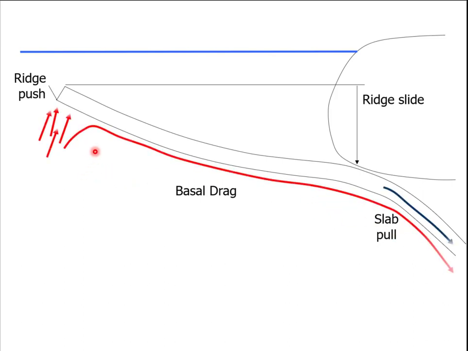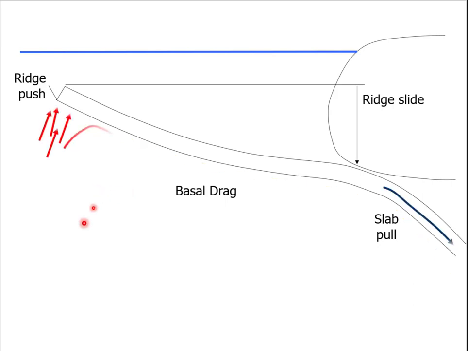This is the way most people intuitively think that plates are moving. They're just like, yeah, that would do it, wouldn't it? And a lot of times it likely is. When I think of basal drag, I think of a piece of plywood on a river, something brittle and thin being carried downstream.